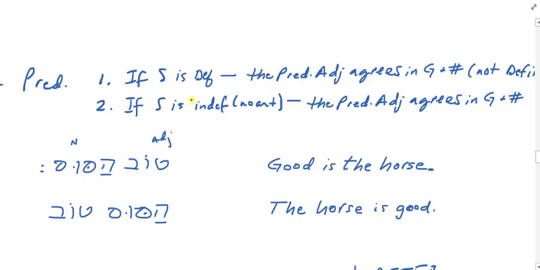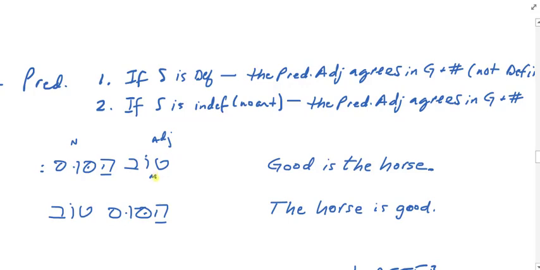Attributive adjectives go after the noun. Here, my adjective is not after the noun, it's actually before. So that's one clue right away to tell you that this adjective, whatever it is, cannot be an attributive adjective, because if it were, it would have to follow the noun. Now the question then is, does it agree with this noun, hasus, in gender and number? And the answer is yes.